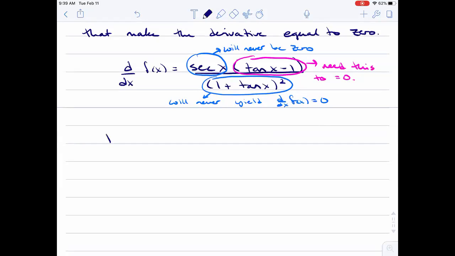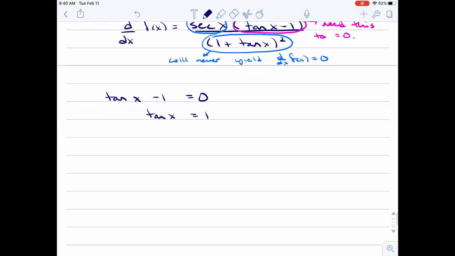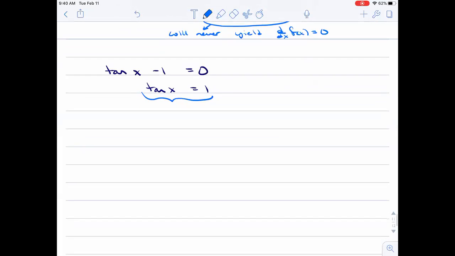So if I'm going to force tan x minus 1 to equal 0, then really what I'm looking for is where tan x equals 1. And this happens at n pi plus pi over 4. At x equals n pi plus pi over 4.